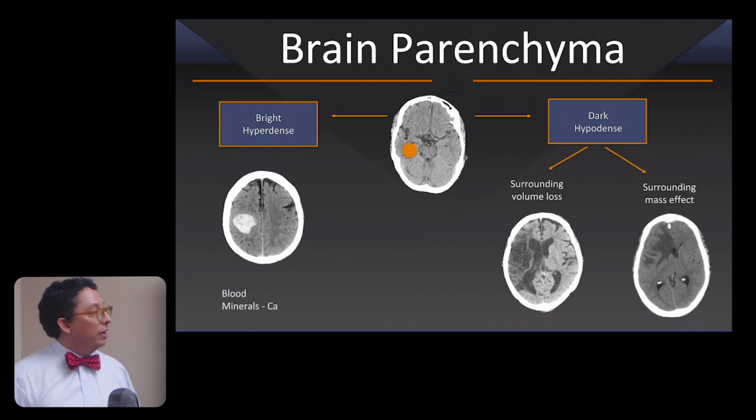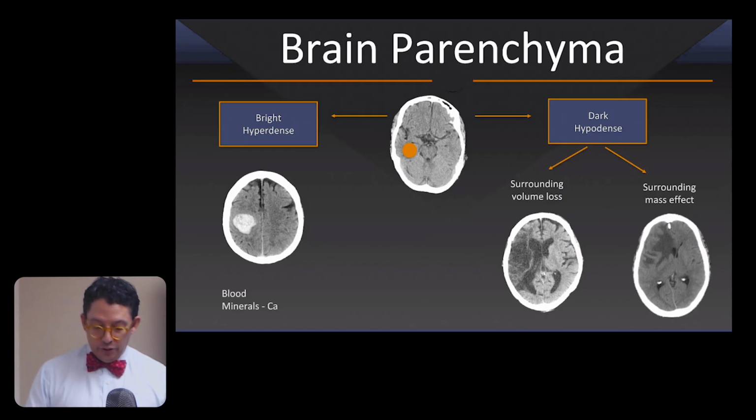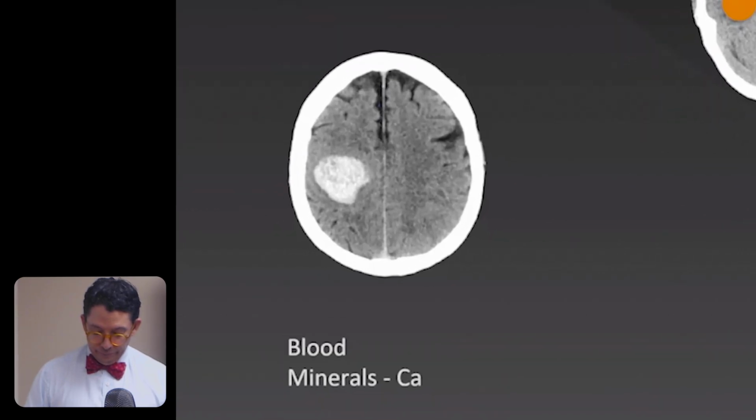So this is the same deal with some of the images. We can see here that if it's bright, as in this case, you see a bleed, minerals or calcium.